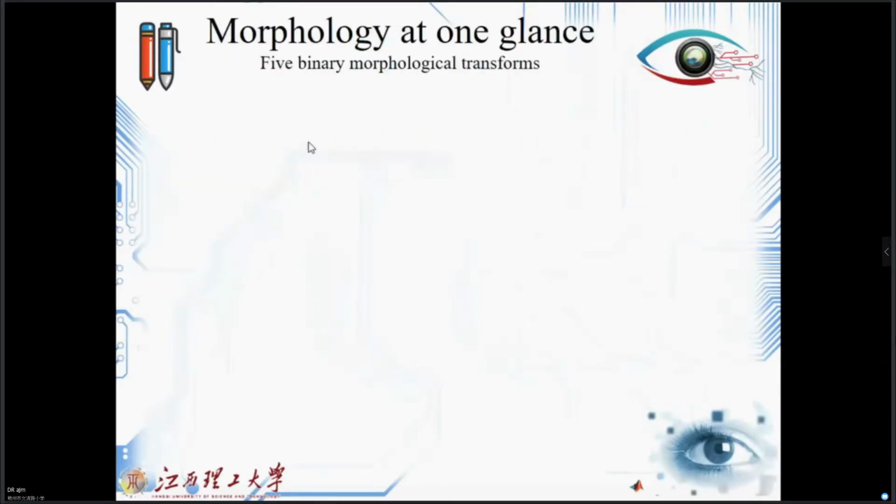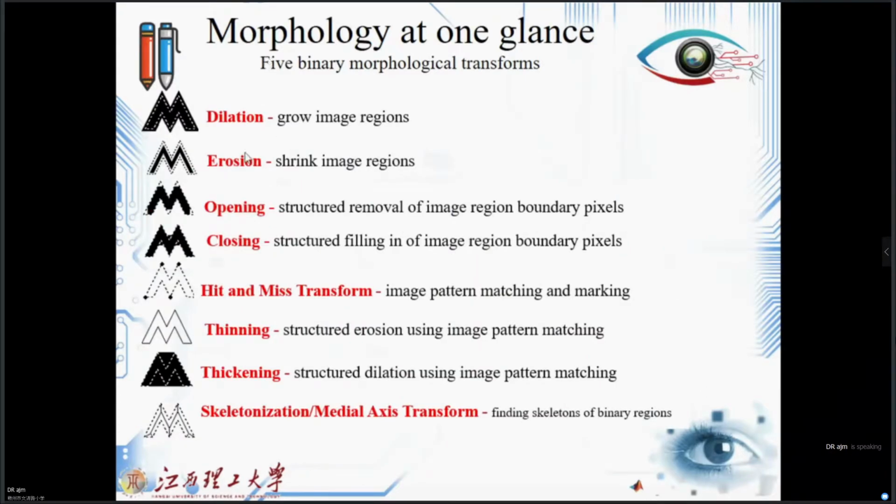Next thing that we should see is that morphology at one glance can be described with these concepts: dilation, erosion, opening, closing, hit and miss transform, thinning, thickening, skeletons, or medial axis transform.